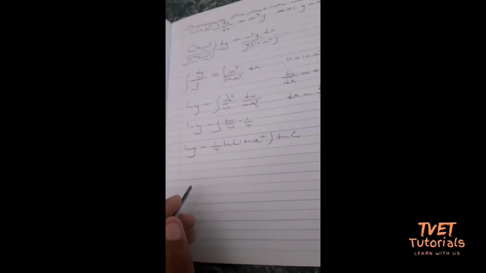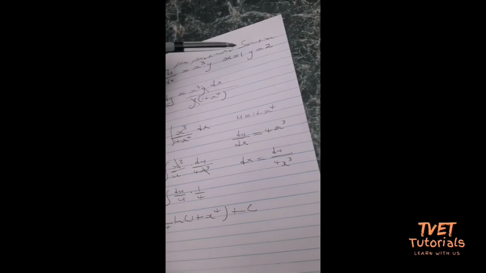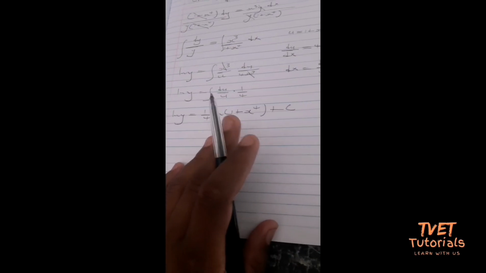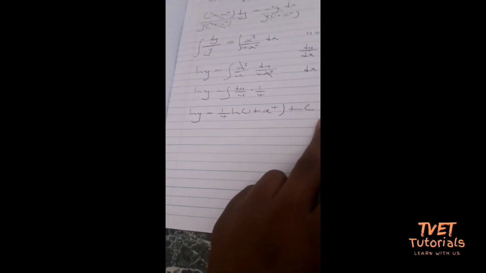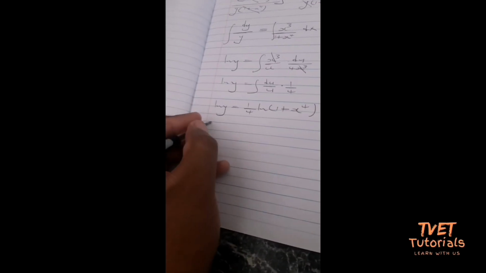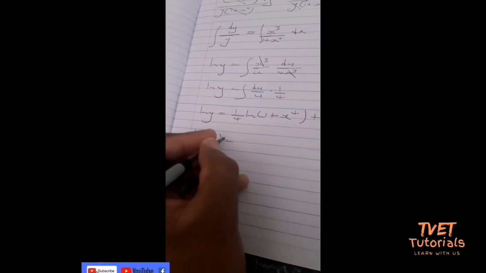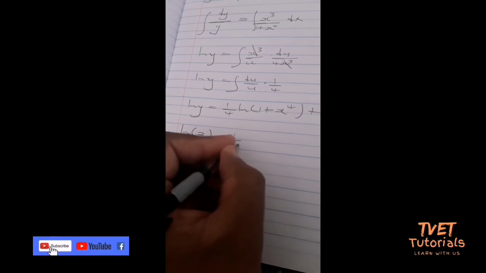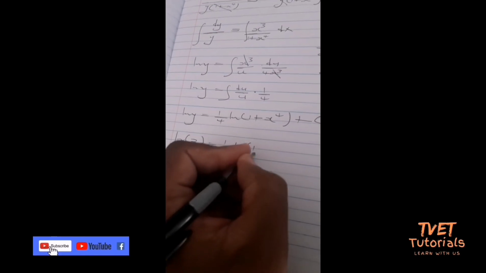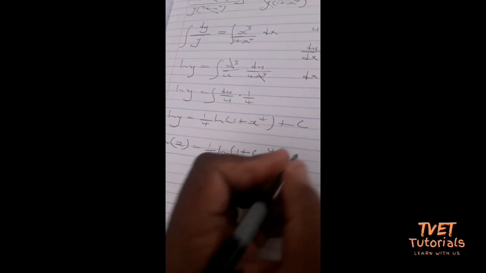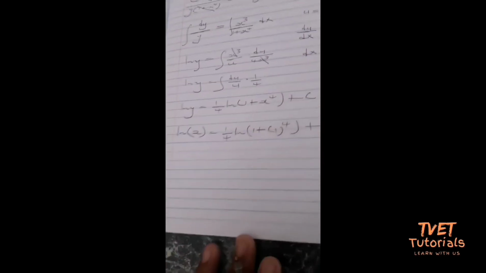If this is our general solution, we are given the initial conditions, which are x is 1, then y is positive 2. We need to substitute these initial conditions into this general solution so that we can find the value of c. In other words, the ln of 2 equals 1 over 4 the ln of (1 plus, so x is 1, so 1 exponent 4) plus c.